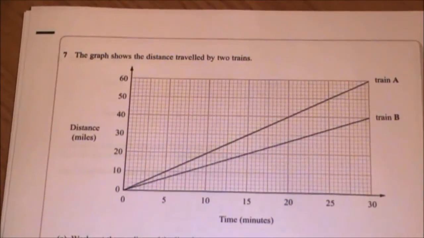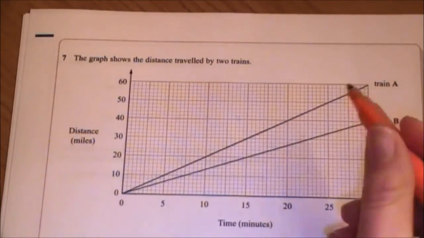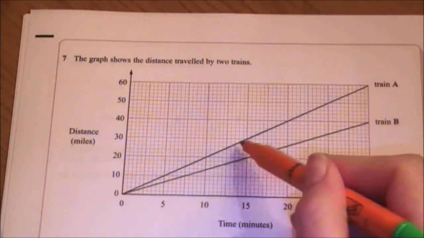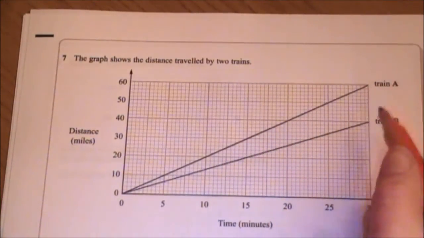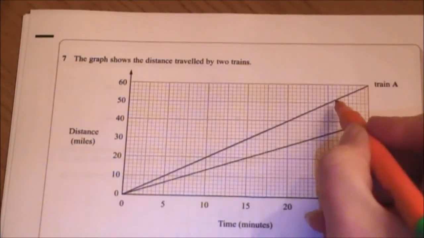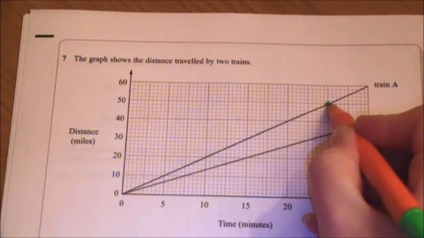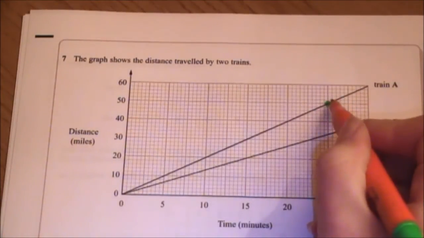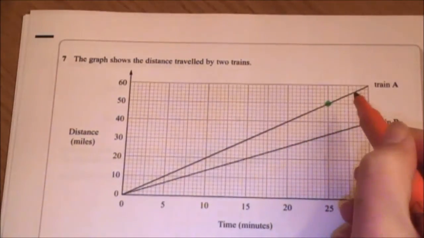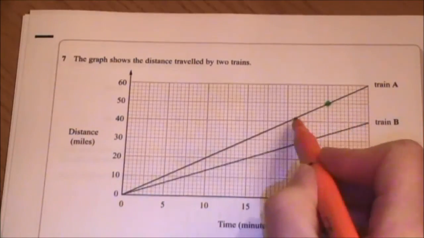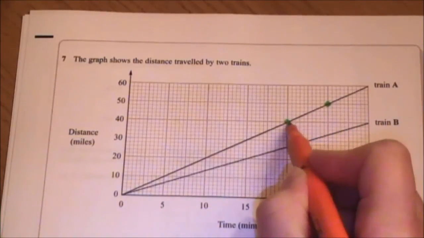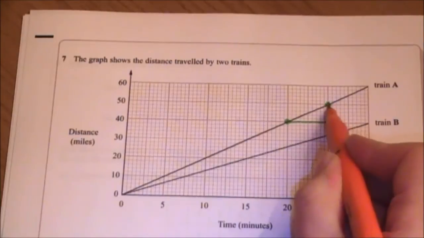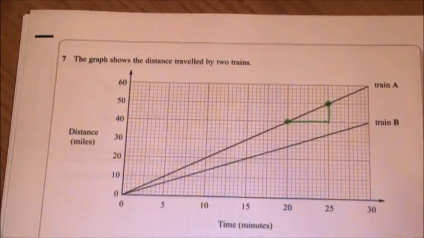In order to do this, you find 2 points where the line for train A crosses over whole number values. So I'm going to pick that point there because it crosses exactly on the 25 and the 50, and I'm going to pick that point there, and I'm just going to draw a little right angle triangle on them.